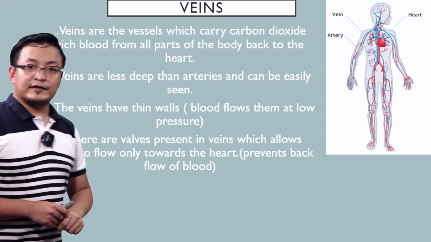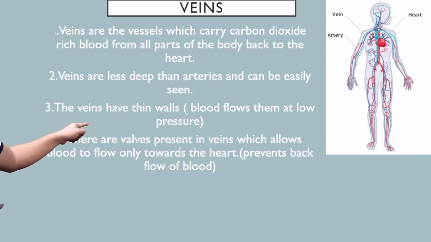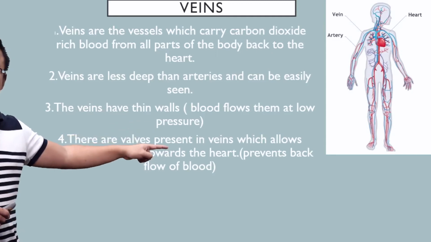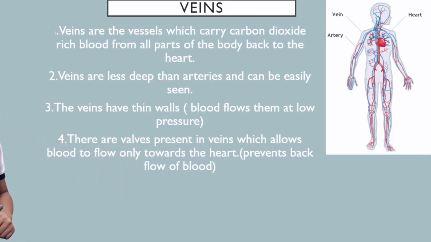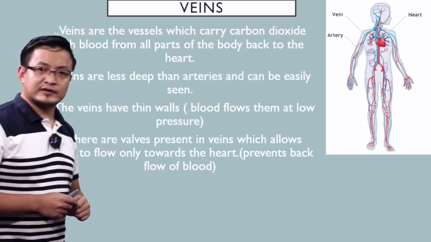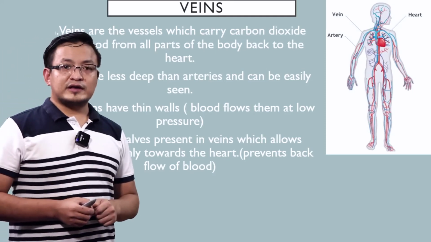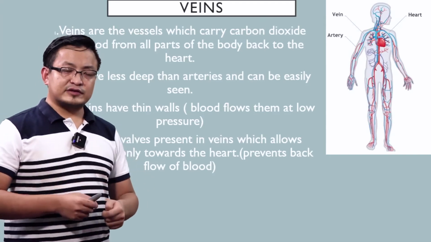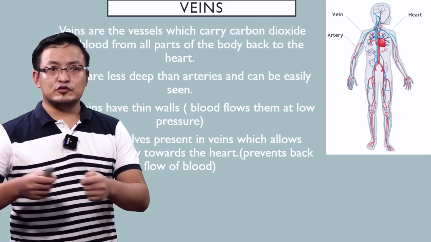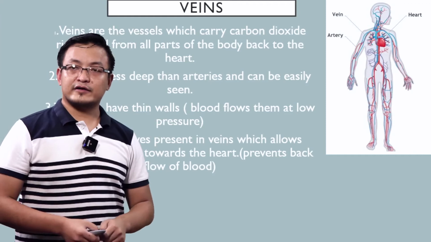Now, students, there are valves present in the veins, which allow blood to flow only towards the heart. So they prevent backflow of blood. Now you may be wondering how these veins carry this carbon dioxide and go straight to the heart.